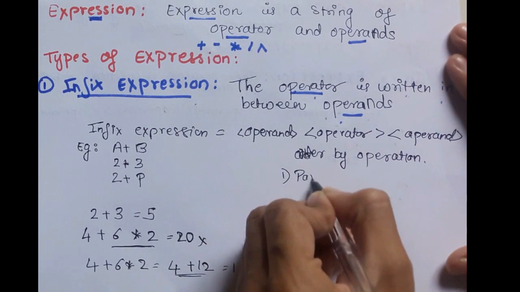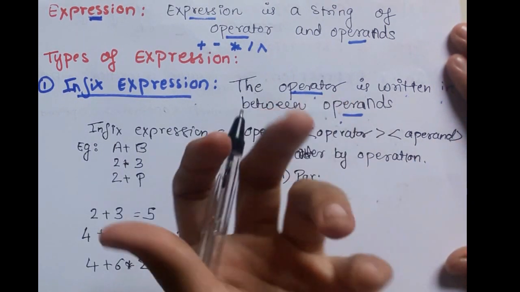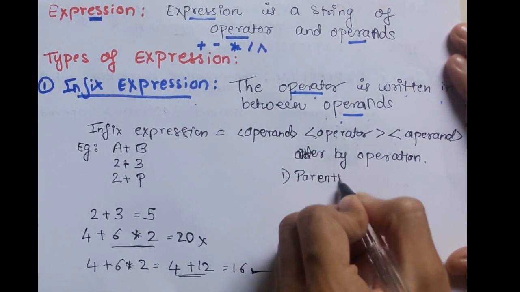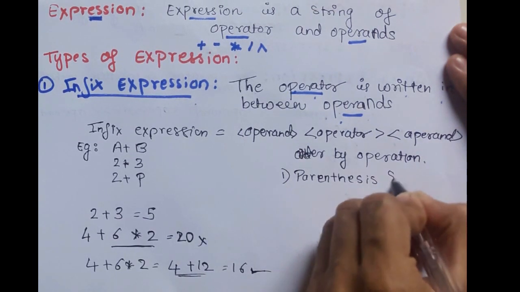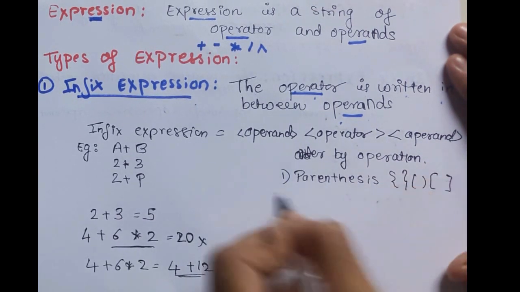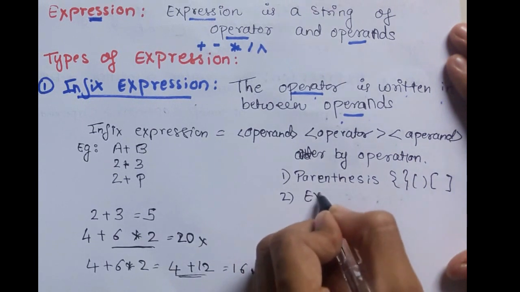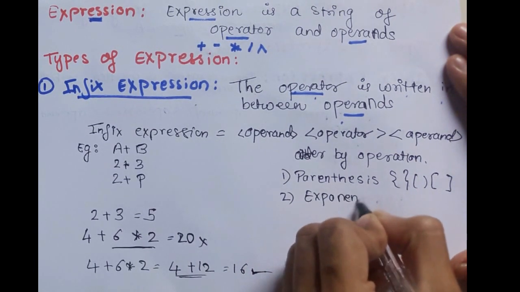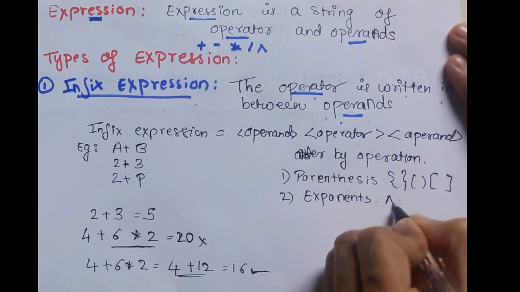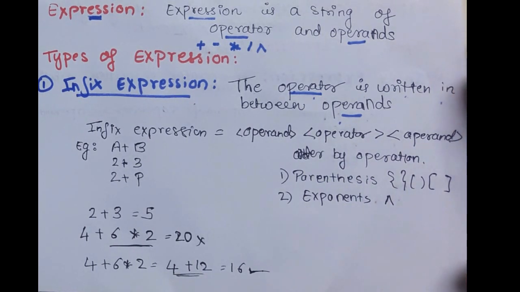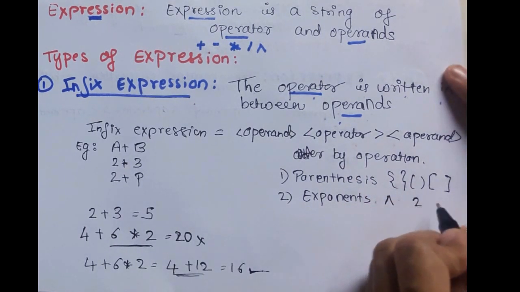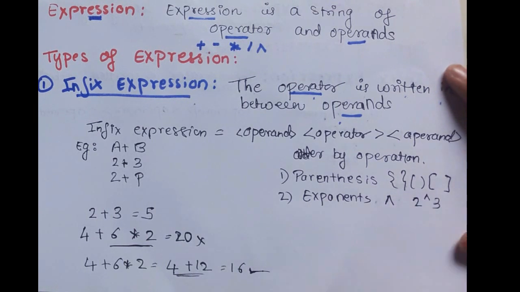First, parenthesis. Highest precedence is given to parenthesis. Second, exponents. The symbol is like this. So if I want to write 2 raised to 3, I write like this.